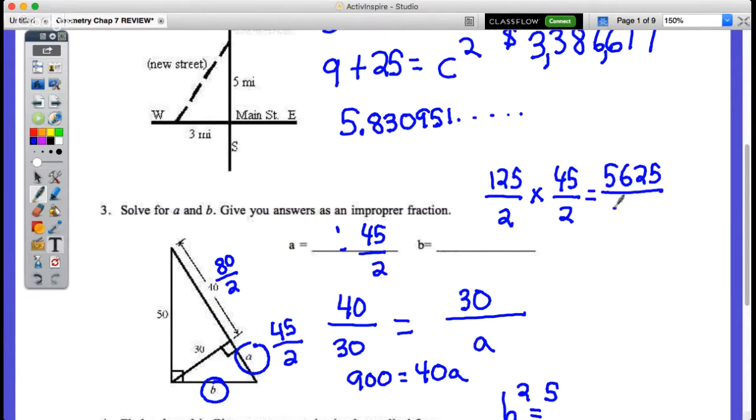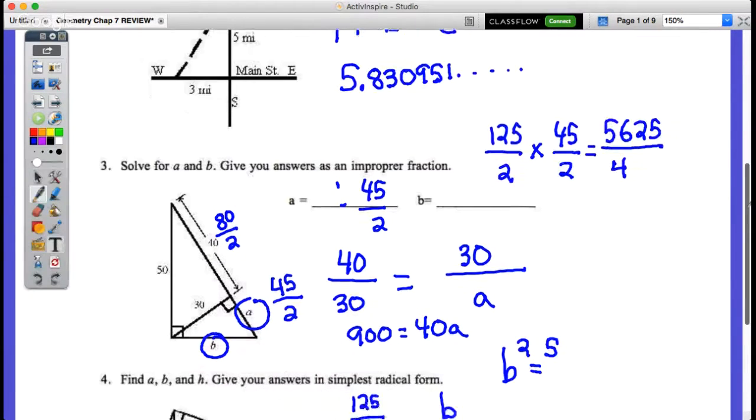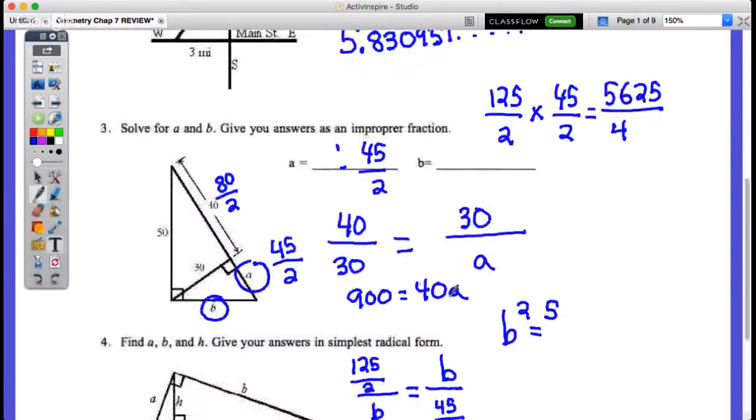Hold on a second, guys. Remember, when we do that, we're actually saying that B squared is 5,625 over 4. We want our answer as an improper fraction, so we don't want to start dividing. So now, when you're doing the square root, you're taking the square root of 5,625 over the square root of 4.